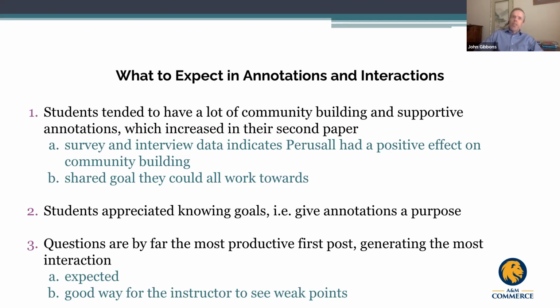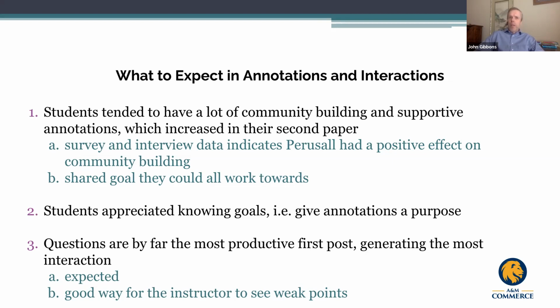And the annotations turned out to be not really focused. There was a lot of jumping around from topic to topic that didn't manifest itself in positive interactions that were really building knowledge for the students. It was almost chit chat between students, which is fine for community building, but maybe not so good if they have goals.